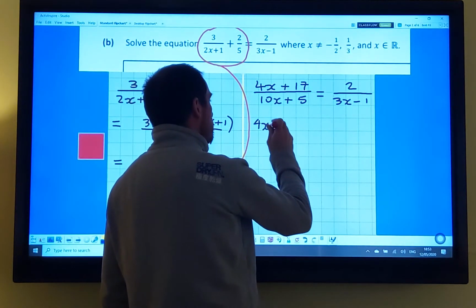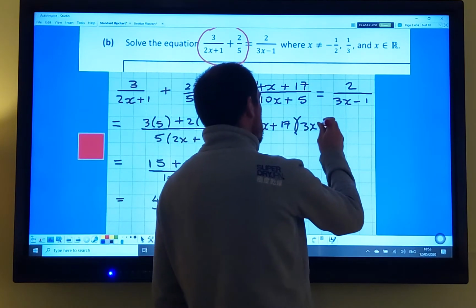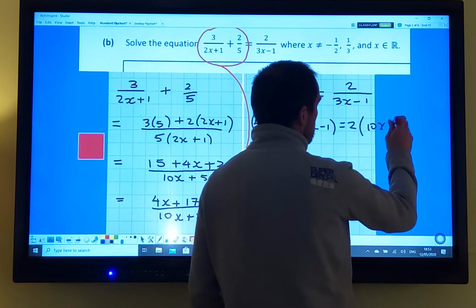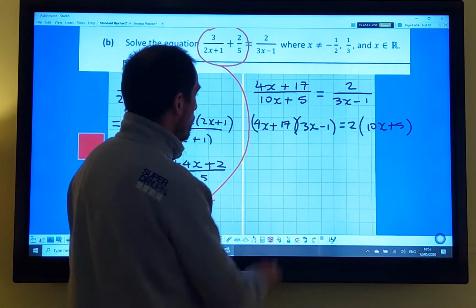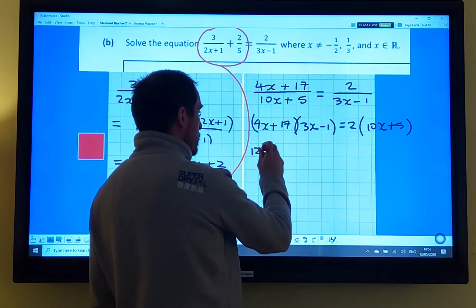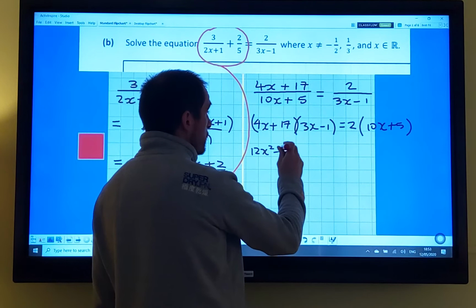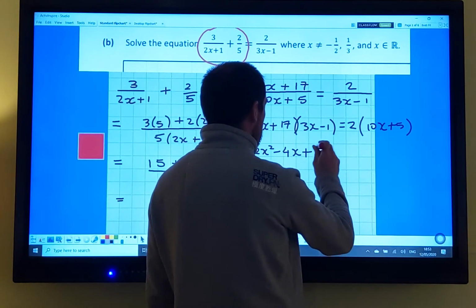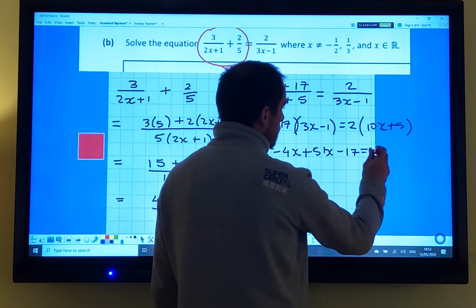So in effect, we have 4x plus 17 times 3x minus 1, and that's equal to 2 times 10x plus 5. Multiplying this out, 4x times 3x is 12x squared. 4x times minus 1 is minus 4x. 17 times 3x is 51x, and minus 1 times 17 is minus 17.